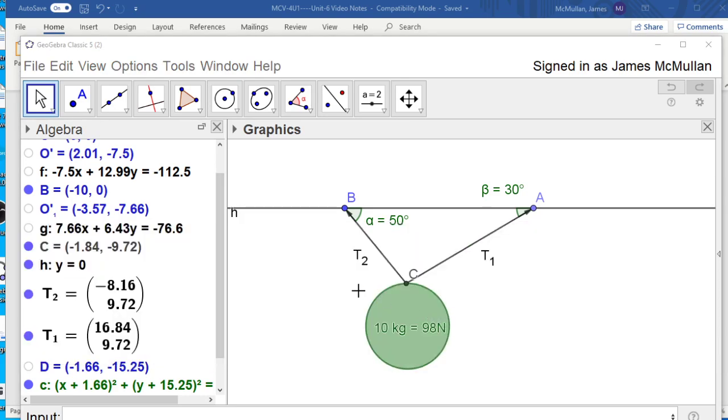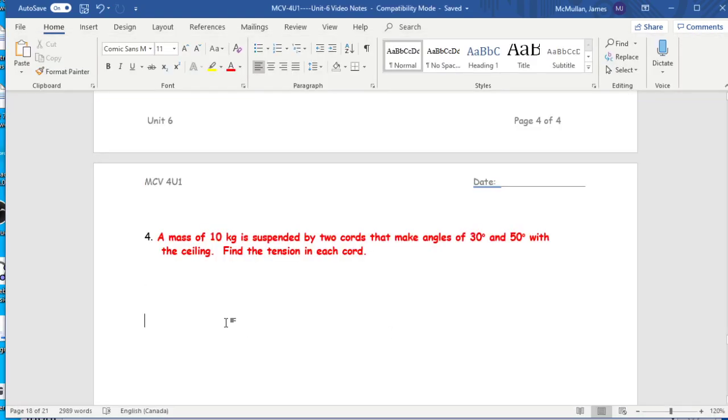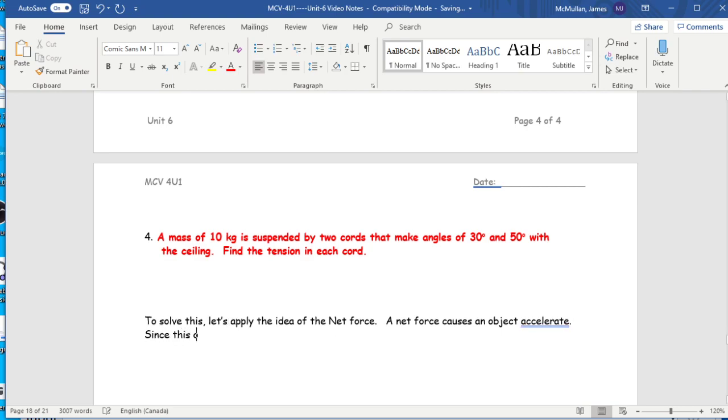Now, to solve this, let's apply the idea of the net force. The net force, we said, causes an object to accelerate. Since this object is suspended, hanging and not moving, it is neither moving nor accelerating, so the net force must be 0.